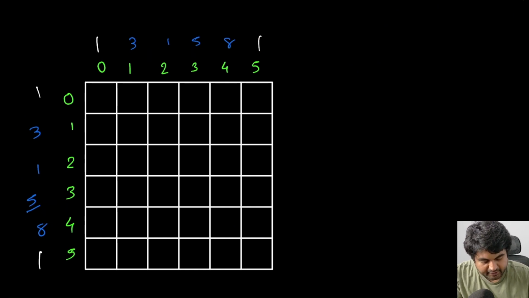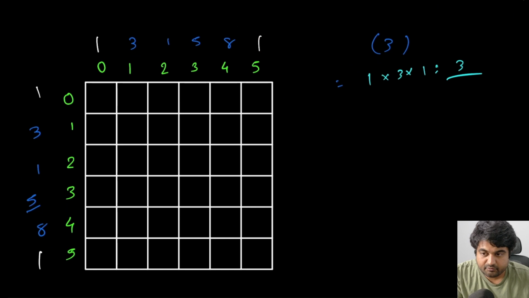Okay, so when I talk about keeping track of the values of bursting balloons, that would be amongst this set of values. Now one more thing: let's say that I only give you value number 3 and ask you what is the maximum coins I can generate. You must be saying that, hey, it's pretty straightforward. We would do 1 multiplied by 3 multiplied by 1, and the total is going to be 3 for sure.